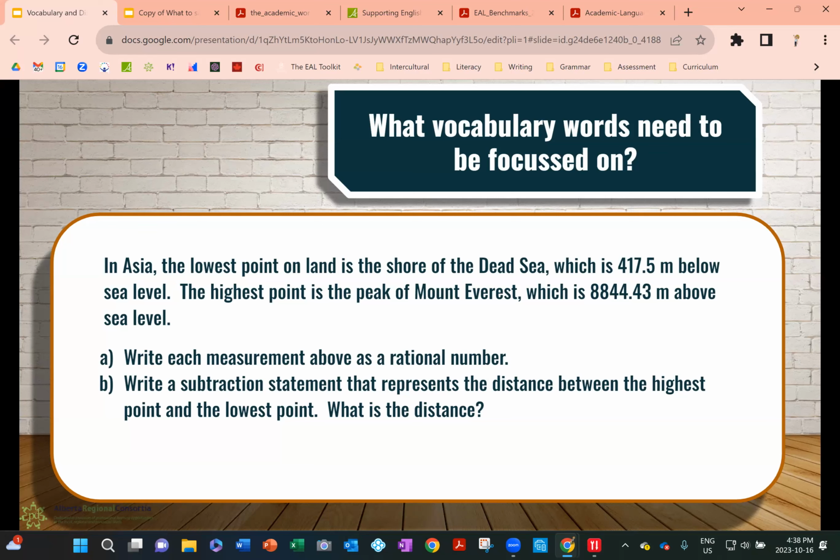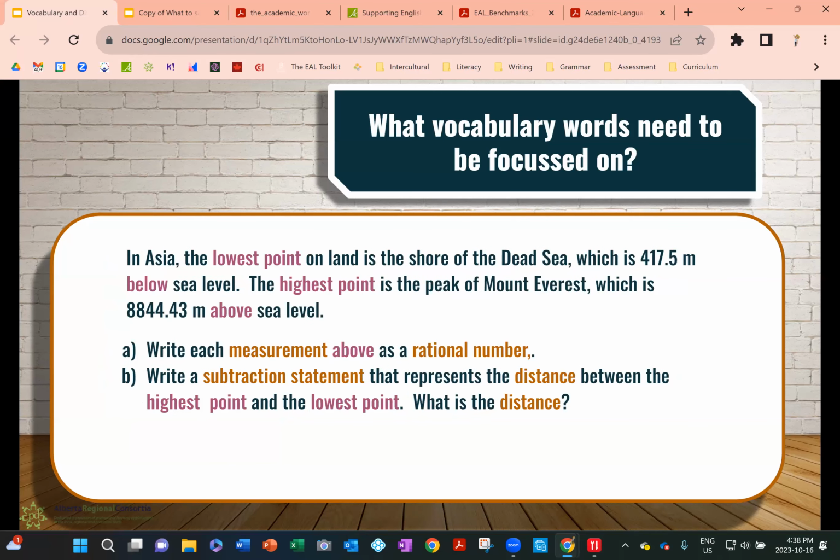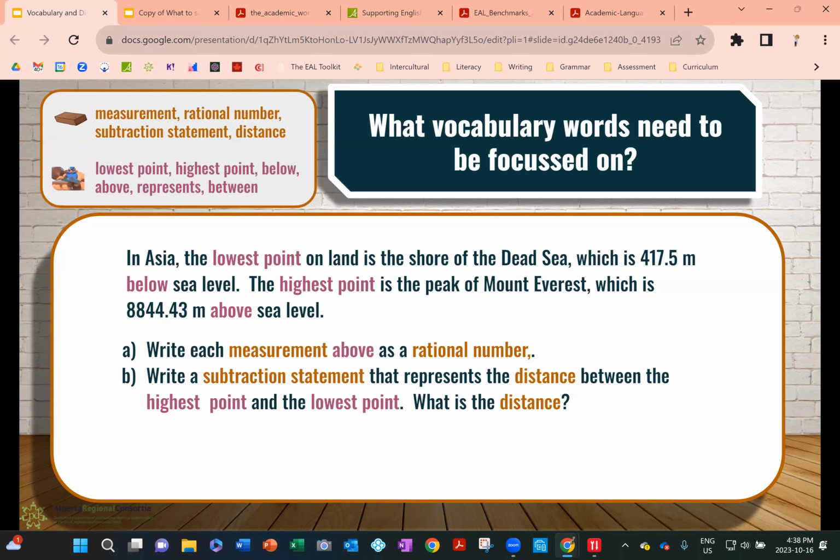So some things that you may want to think about for them are those high frequency words, and those brick words that they need. For example, they need to know what measurement is.